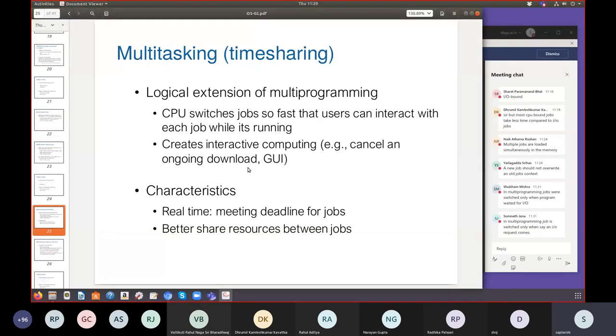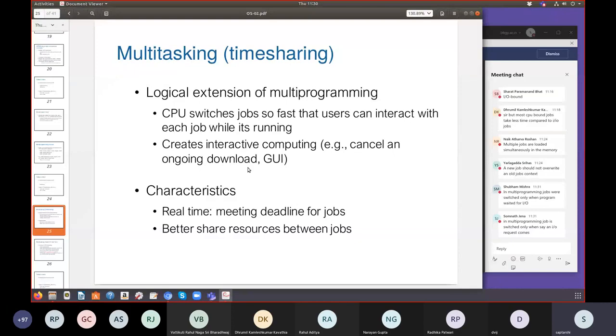Right? So again, this is an important point which I want all of you to understand, so I'm repeating it. In multiprogramming, switching only occurred when a process asked for IO. So if all jobs were CPU bound, then no one would be asking for IO and no switching would possibly occur. But in multitasking or time sharing, oh by the way, multitasking is also called time sharing because of this reason.